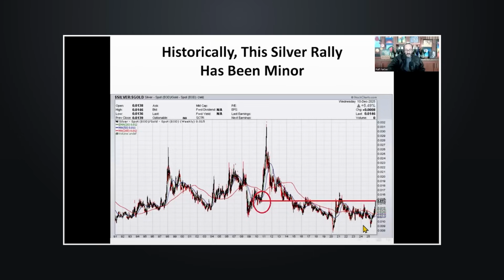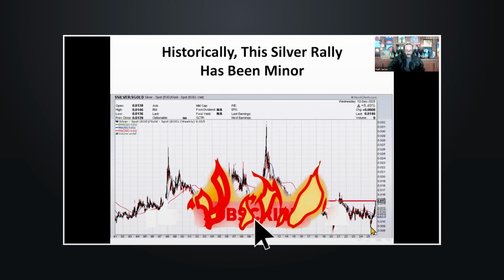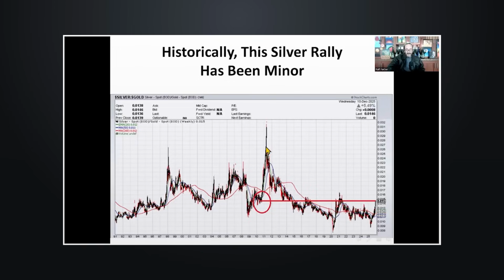And look at where we are now. We were at 0.009 or 0.0087 or whatever that is, and now we're at 0.015. This has been a very minor rally, even more minor than the 2020 to 2021 rally. This isn't anything big, this silver rally relative to gold. If we were to go up here, then silver's value would basically double relative to gold from here.